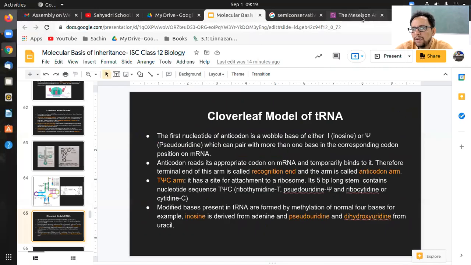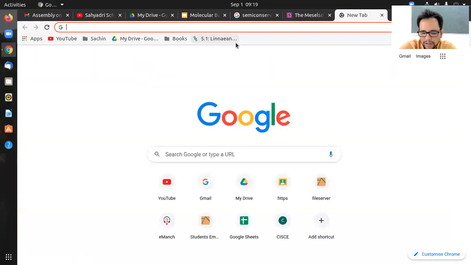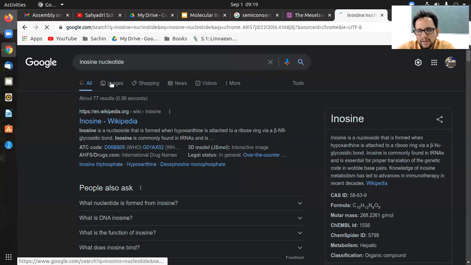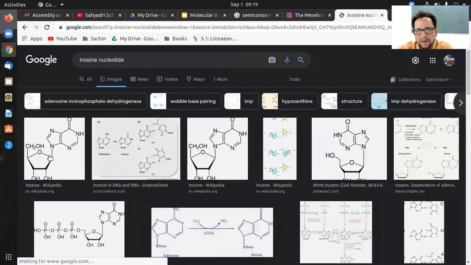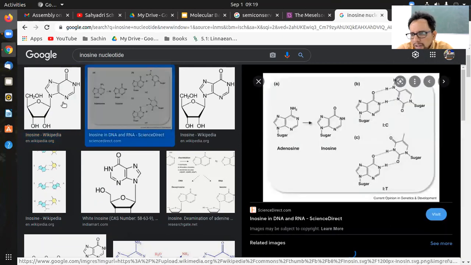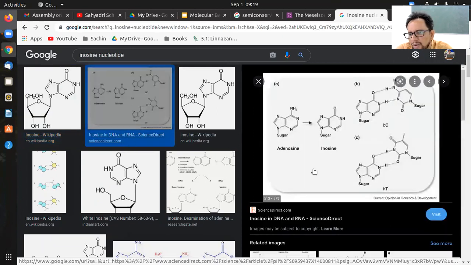And inosine is another nucleotide. Let me show you the inosine as well. This is also one of the purine nucleotides.